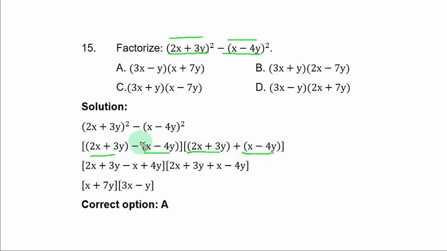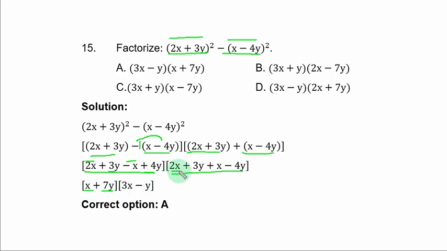So let's open the bracket with minus 1 here. So we have 2s plus 3y minus s plus 4y. Minus 1 times minus 4y is plus 4y. Then the second bracket, you have 2s plus 3y plus s minus 4y. Now 2s minus s, you have s. 3y plus 4y, you have 7y.